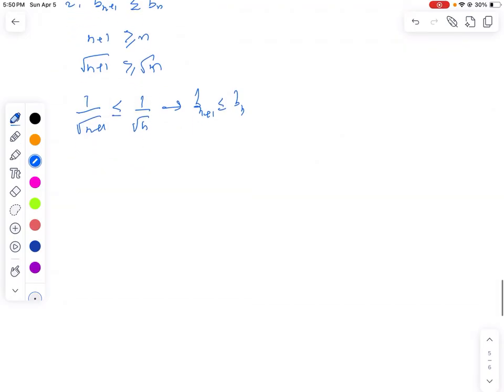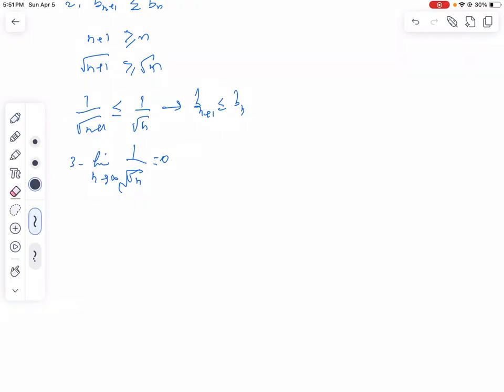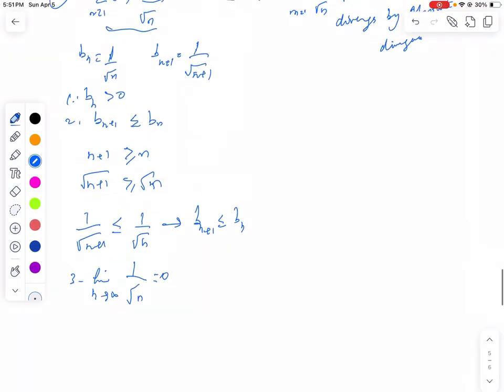So the second condition is also satisfied. And the last condition, the third condition: the limit as n goes to infinity of bn, which is 1 over square root of n, is 0. So we can say that this converges.